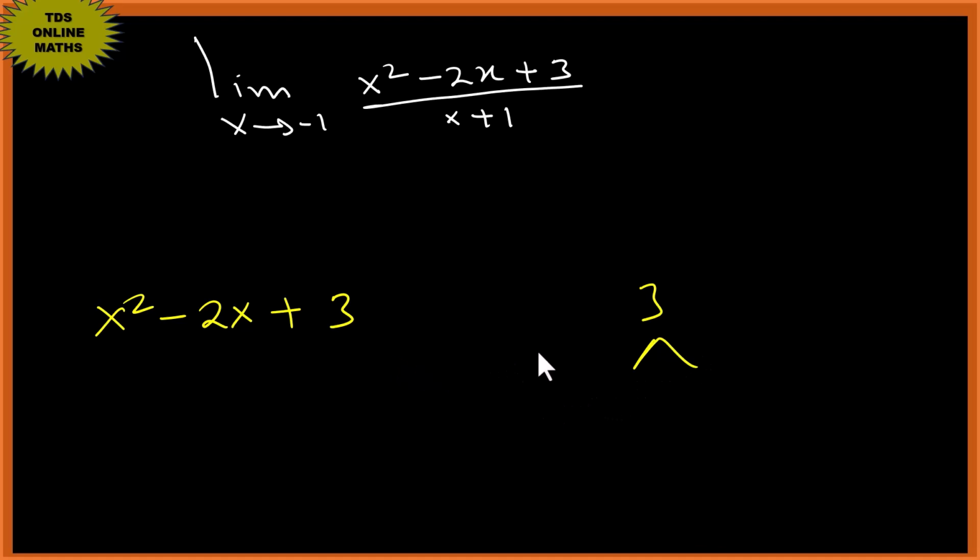We have to find two numbers that multiply to give us 3, but add to give us the coefficient of x. So we know 3 and 1, but what is here is minus 2.